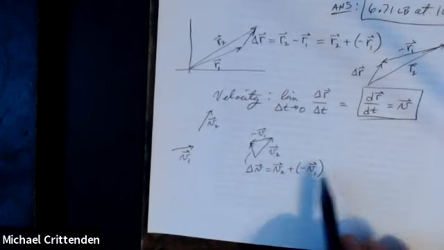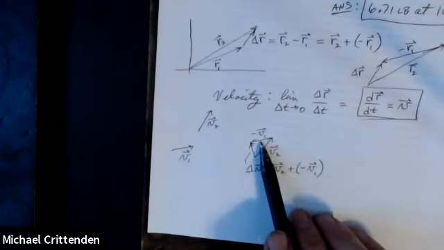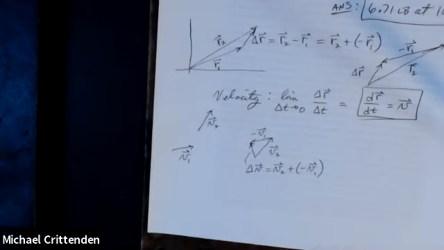Subtracting vectors means to add the negative. The negative means turn it around and point it the other way. Add means put them head to tail and then draw the resultant.